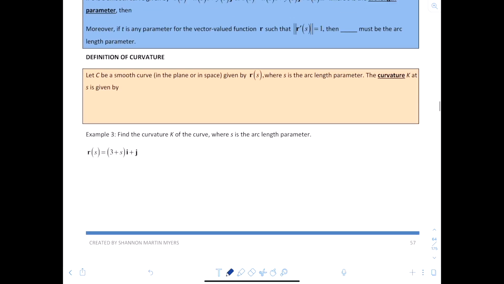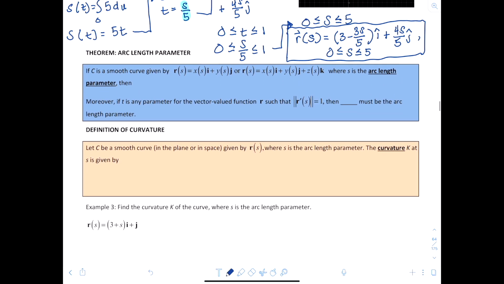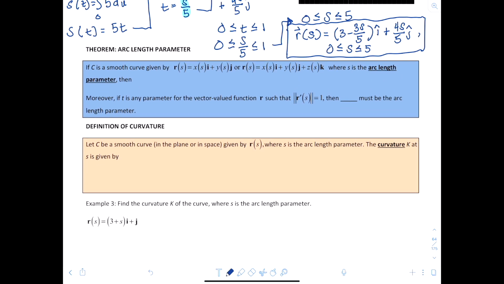The cool thing is that's always the case. If C is a smooth curve given by r at s equals x at s times i plus y at s times j, or in space, r at s equals x at s times i plus y at s times j plus z at s times k, where s is the arc length parameter, then it turns out that the magnitude of r prime at s is always 1.